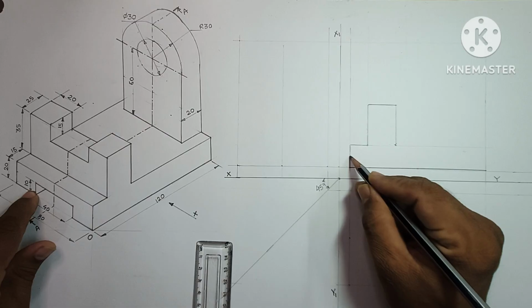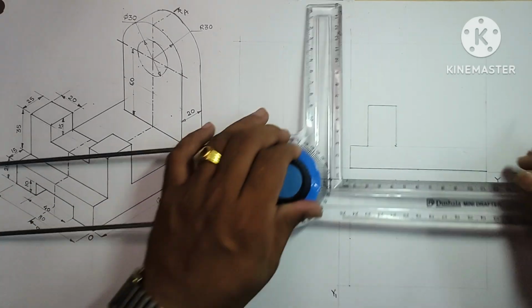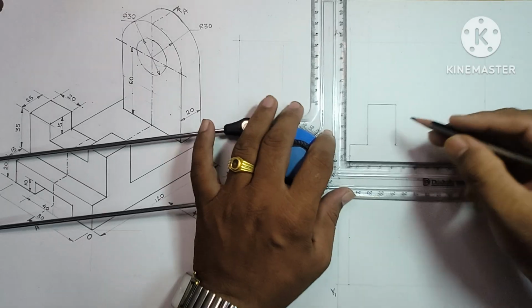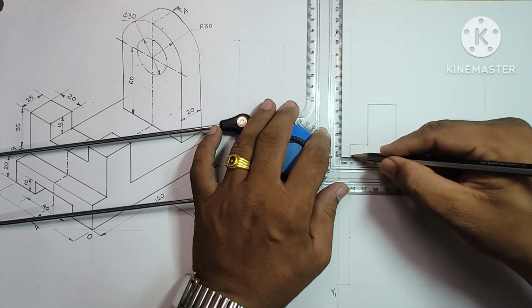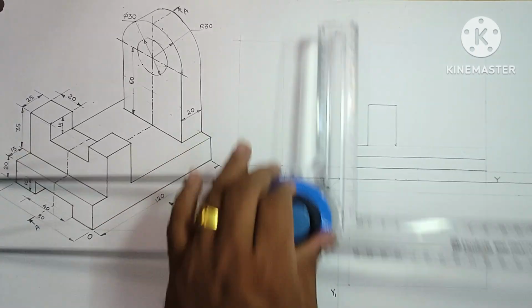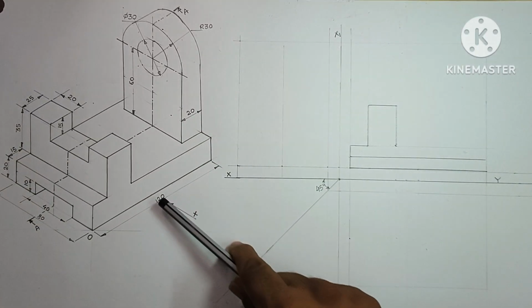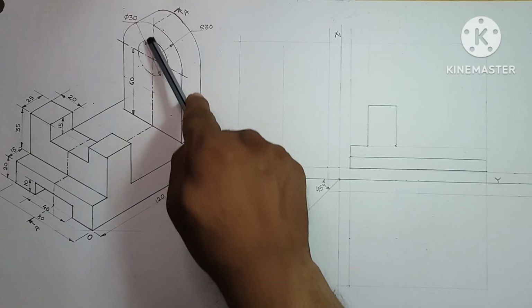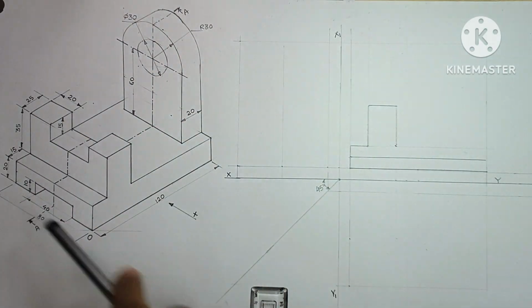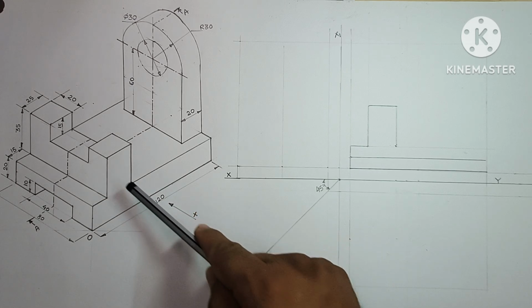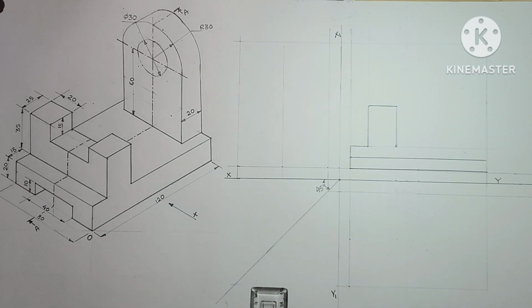From this point we will take the 10 millimeter distance in the front view. We are observing the front view from this side. This is the cutting plane AA. This portion is removed, and we are observing the front view from this side.